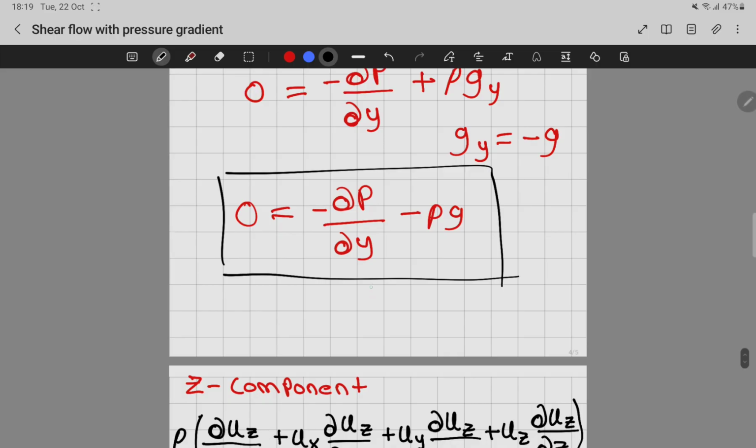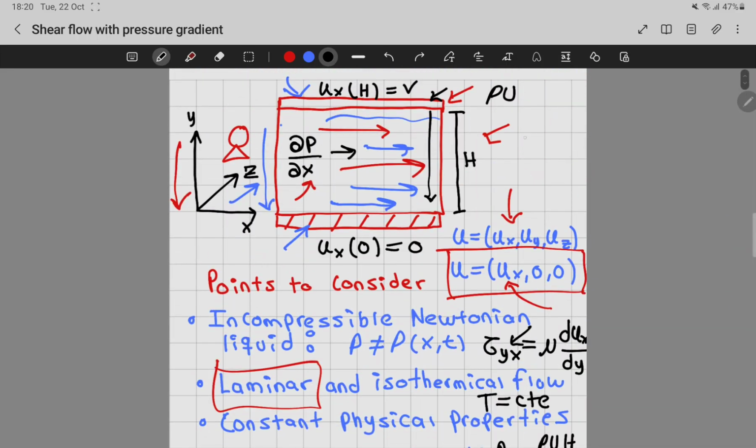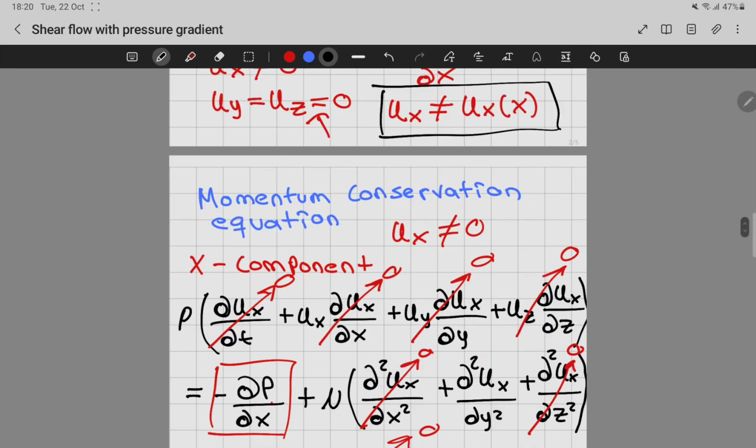So this is just simply a force balance. Remember, the momentum conservation equation is based on Newton's second law. So here we have two forces: the gravitational force, which is this term, and a force associated to the pressure, because the pressure might vary in y direction.